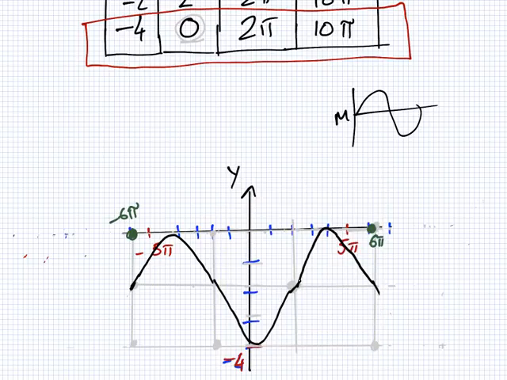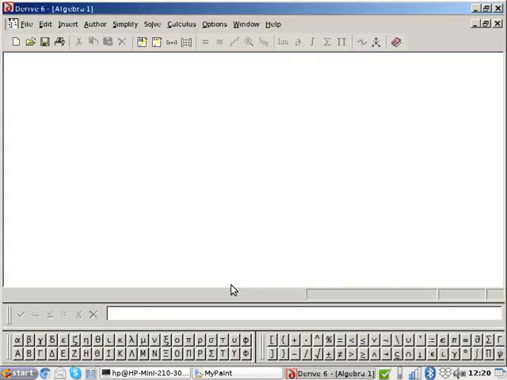Let's see how good this is and compare it with an accurate graph. Can you read out the equation? What was it? y equals 2 sine x over 4, wasn't it? Minus pi? Plus 2. Minus 2. Minus pi? Here we go.